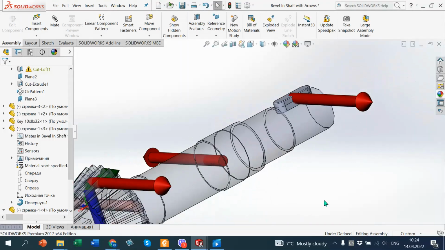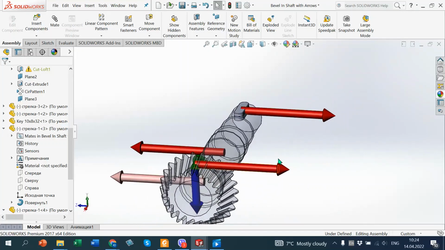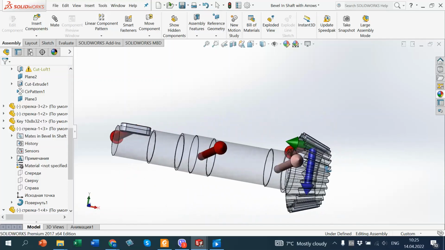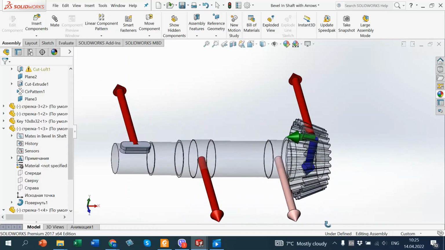So we know in such case direction, force value and point of application. And finally, we know all forces which act in our design.